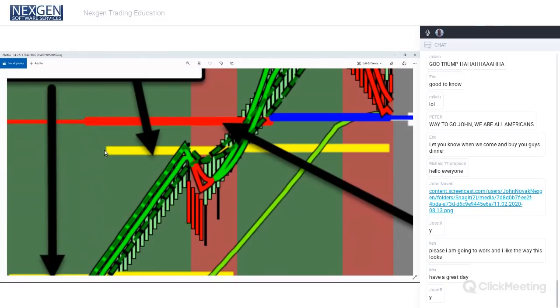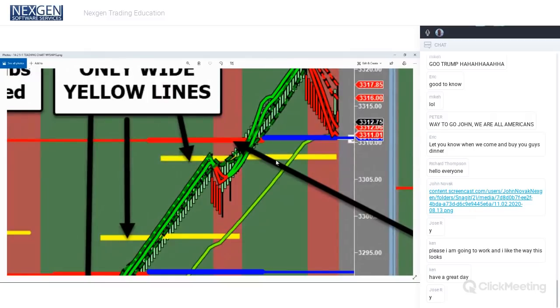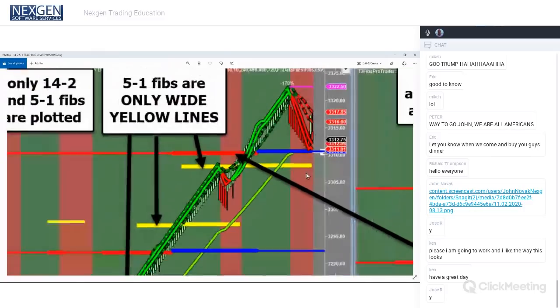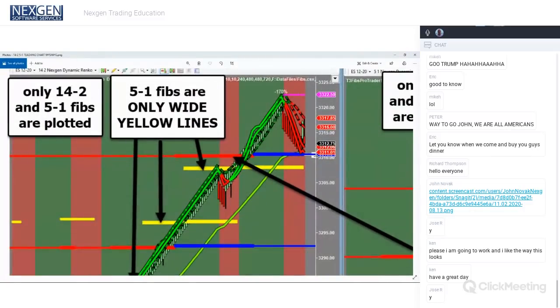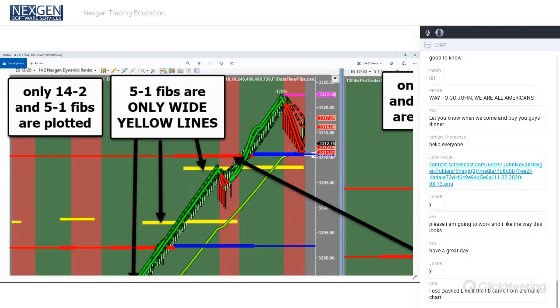Instead of actually plotting it red or blue, which gets a little confusing because it's a small fib on a big chart, I've just plotted it as a big, wide yellow line. The reason for this is simple, because when you start reading through your charts, I'll show you the thought process on where I'm headed with this.